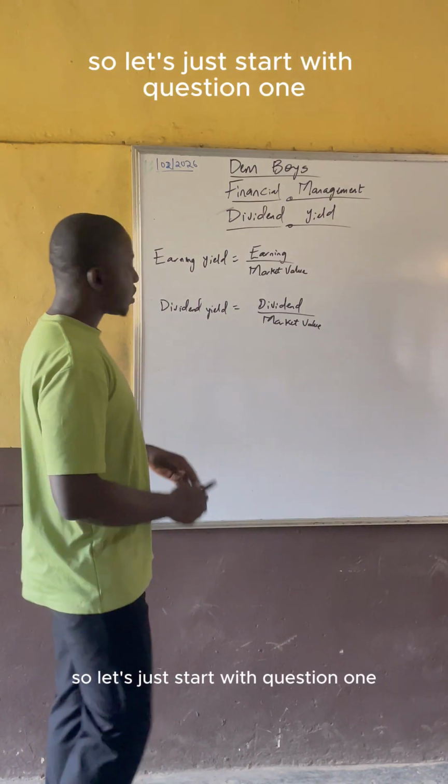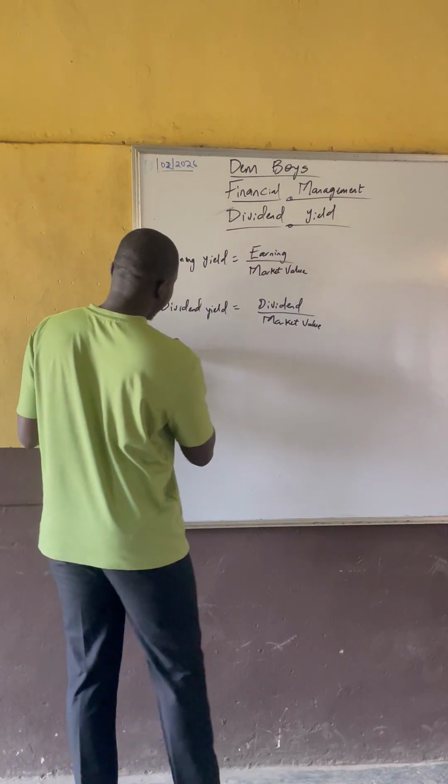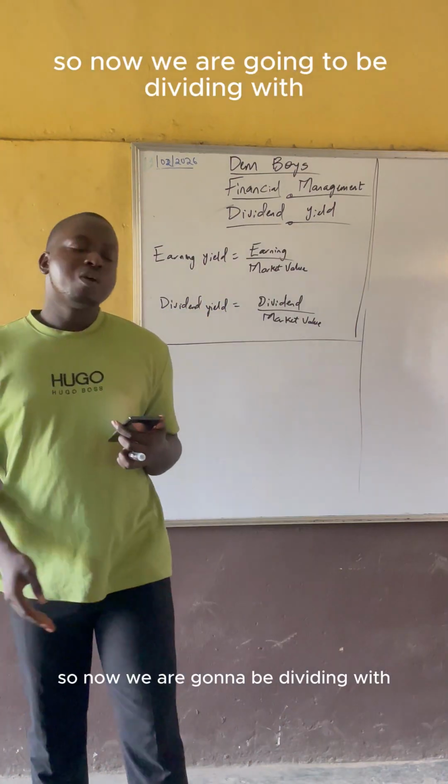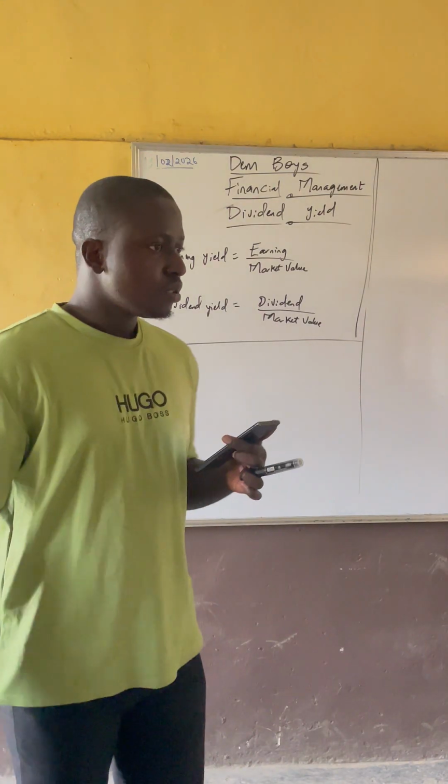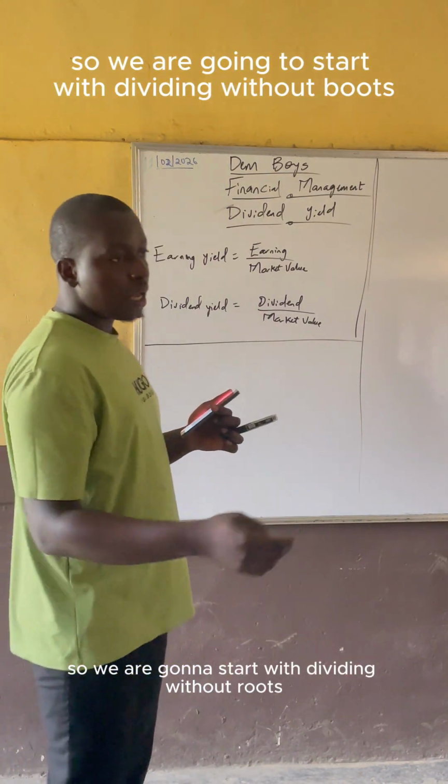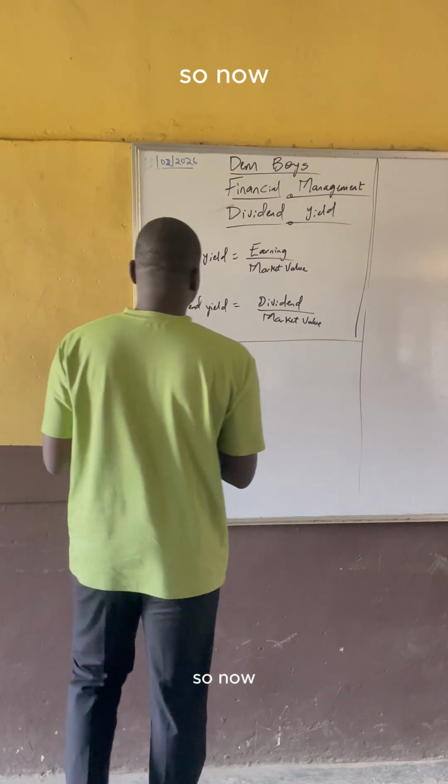As we are treating questions, we're giving out some formulas that we are going to read. So let's start with question 1. Now we are going to be dealing with dividend with growth and dividend without growth. We are going to start with dividend without growth.